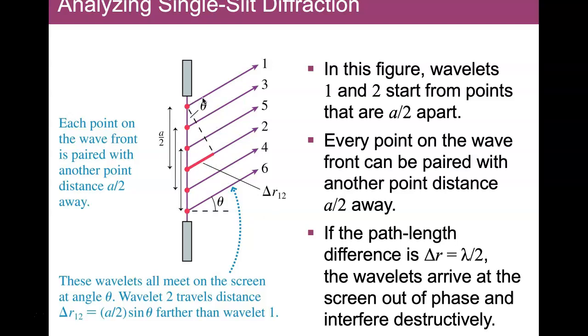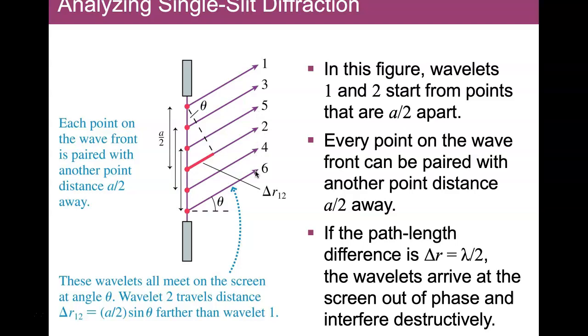Now you see, we can pair up. Let's say I pair up 1 and 2, 3 and 4, 5 and 6, and all of these have a separation of a over 2. Now, if each pair interferes destructively, then 1 kills 2, 3 kills 4, 5 kills 6, and we're going to get a dark spot.